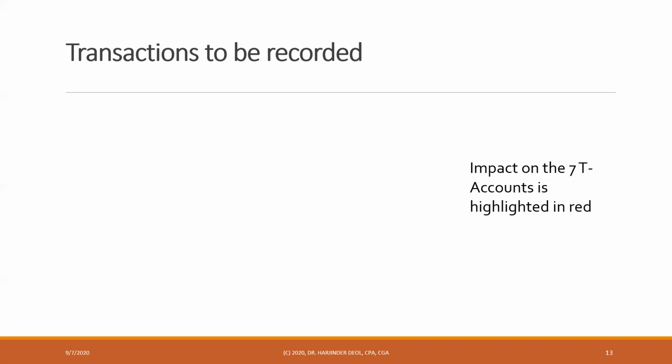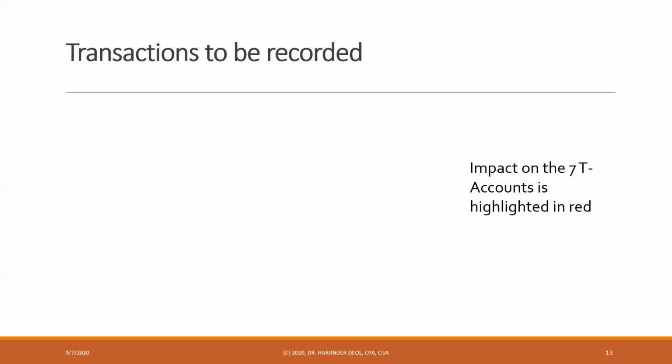So the impact on the 7 T accounts that we mentioned is highlighted in red. As we go through the journal entries, as one of the 7 accounts is involved, I would highlight that in red.